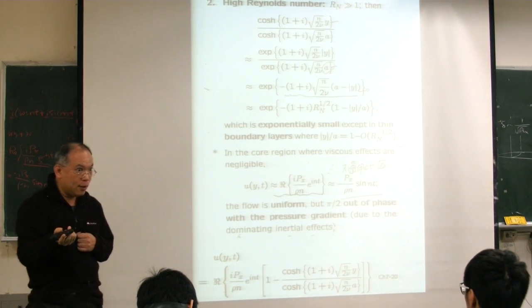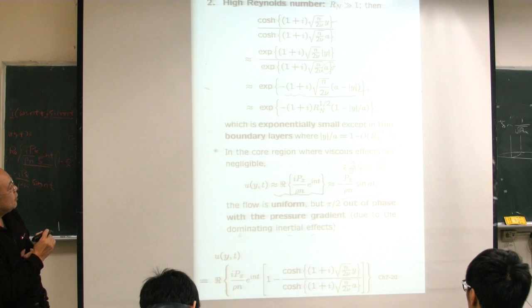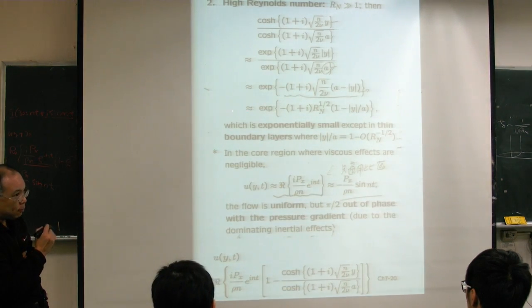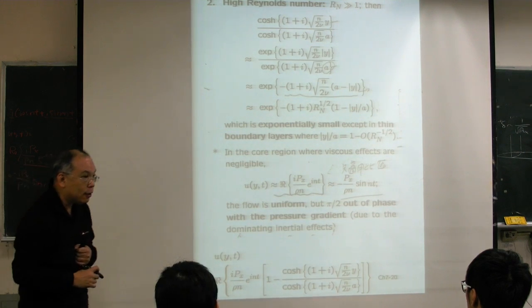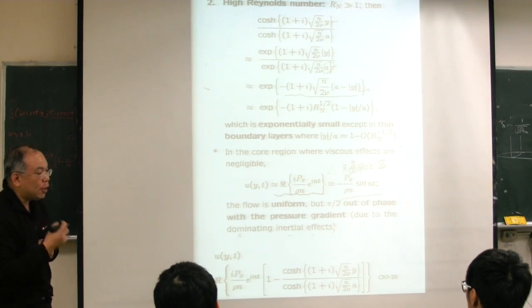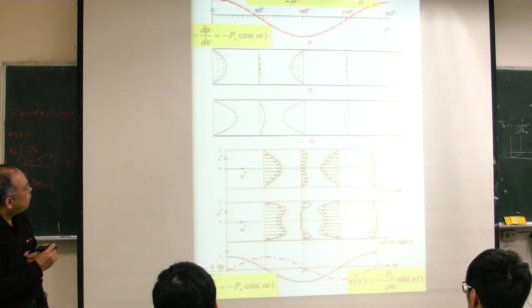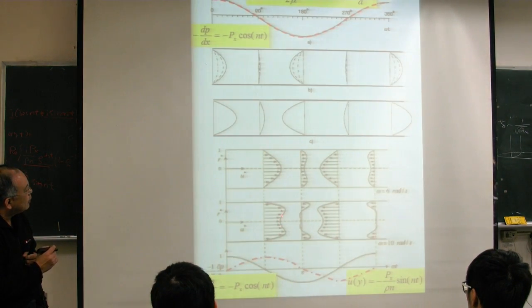It's order of 1. So that means this is not a small number anymore. This is not its potential decay anymore within the boundary layer, right? So within the boundary layer we have something different. If you see the picture here, we have a flat uniform velocity in the core region.